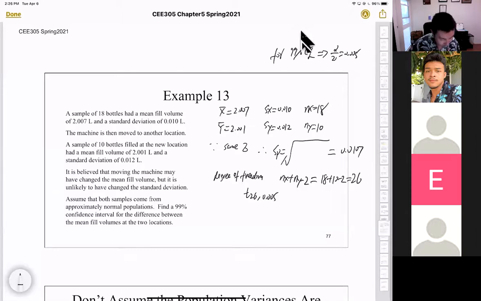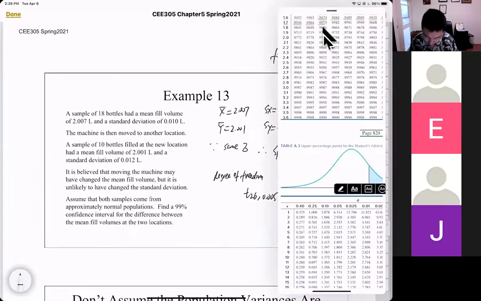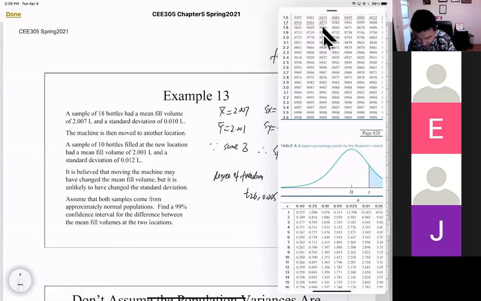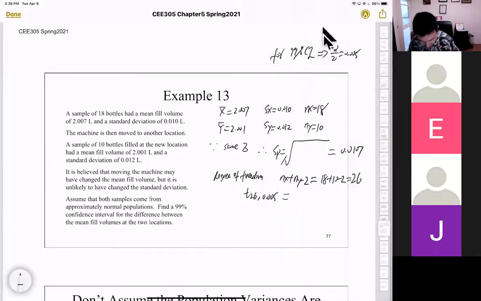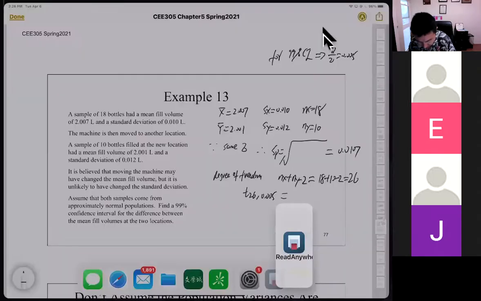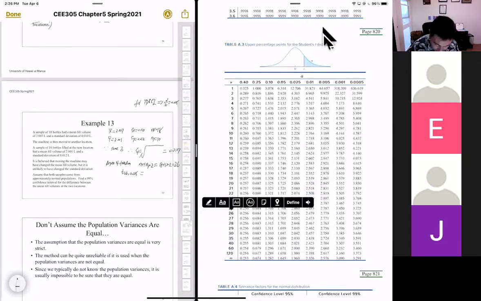Okay, again, go back to table 8.3. Here, the degree of freedom is 26.